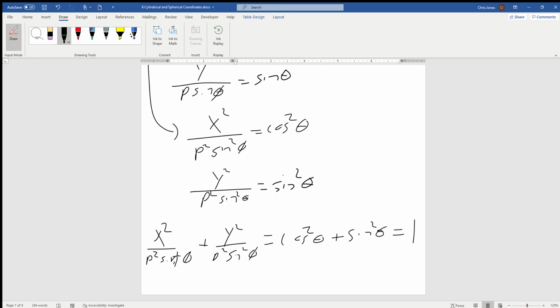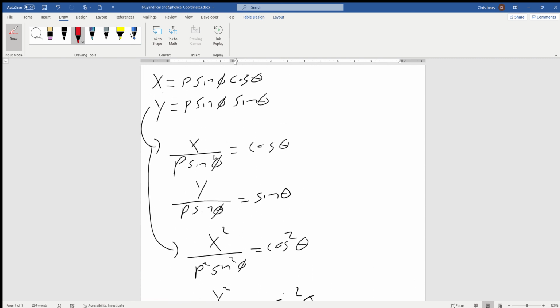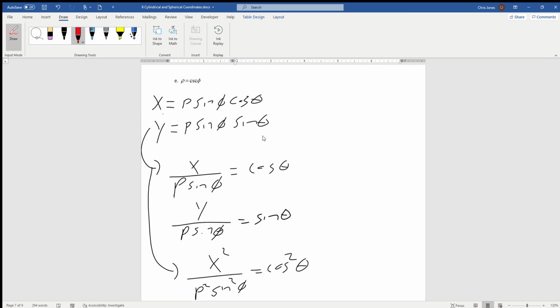If we knew what this rho squared sine squared phi was equal to, we'd be in good shape. Now notice we never used the original equation. These are all identities that are generated from the fundamental definitions of converting spherical into rectangular coordinates.